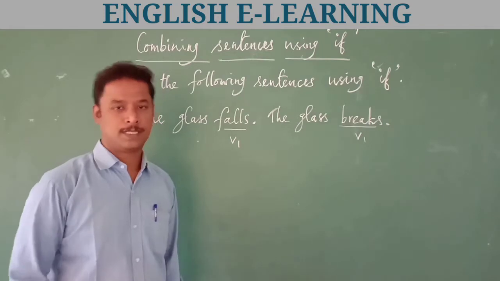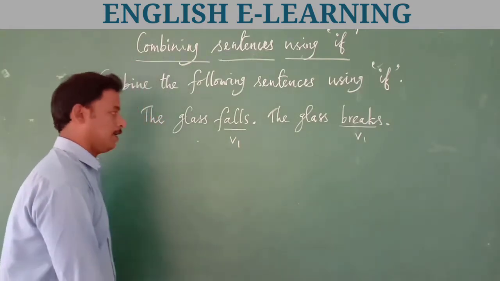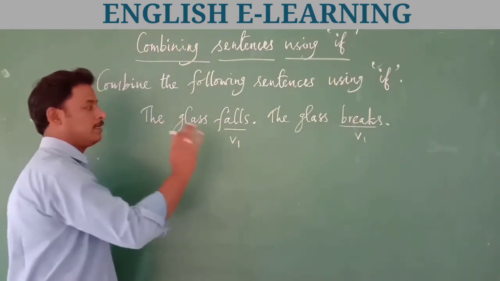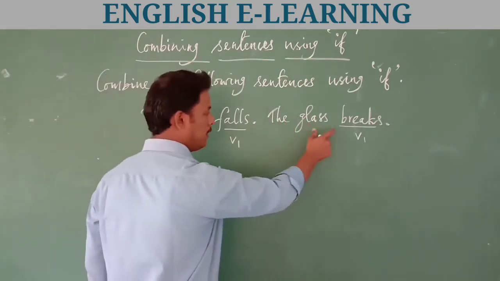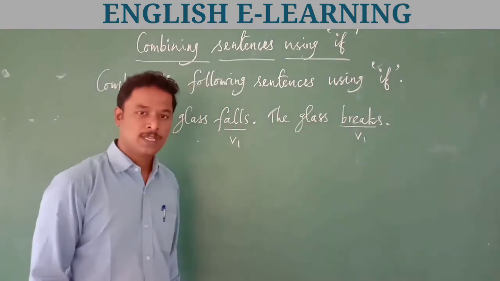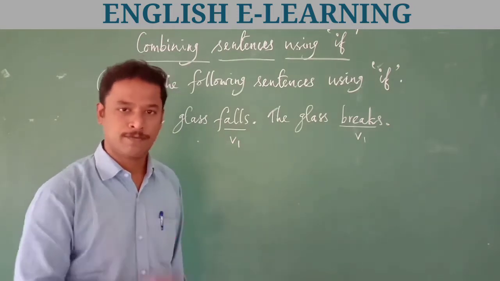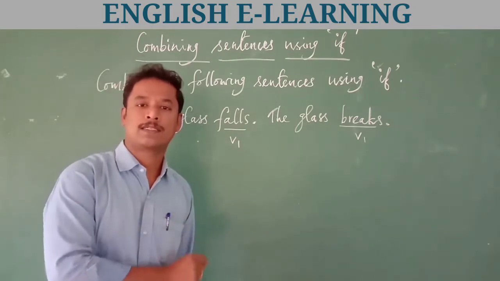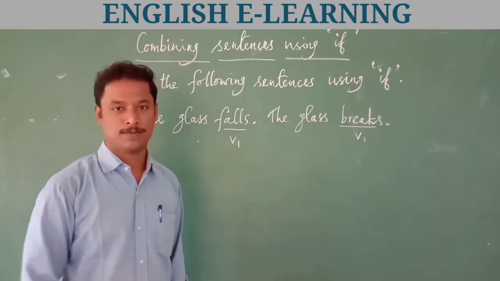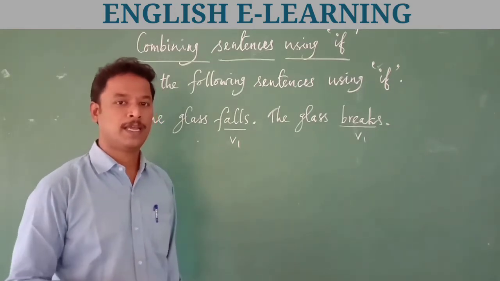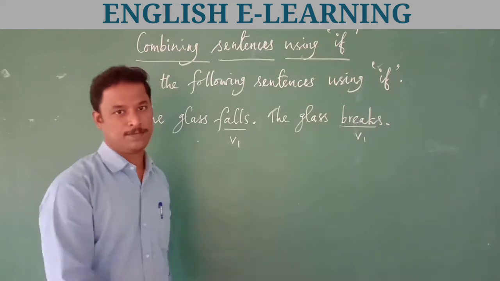That is present simple. Right. And look at the idea applied here. The glass falls and it breaks. This is known to everyone and this will be accepted universally. There is no second thought at all. Right. So we have to apply the zero conditional.